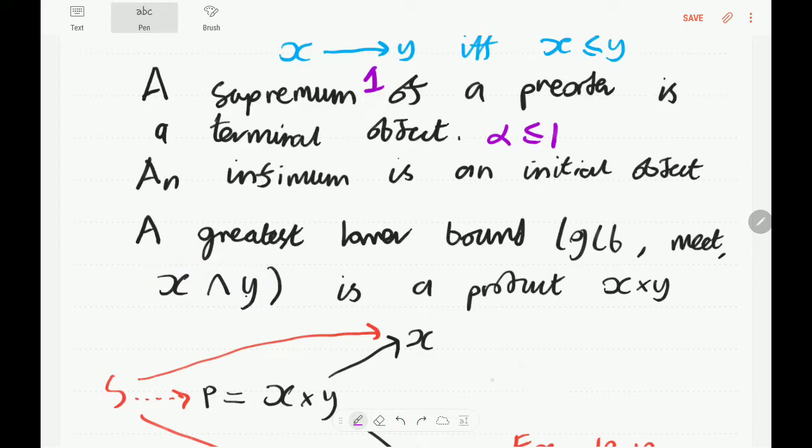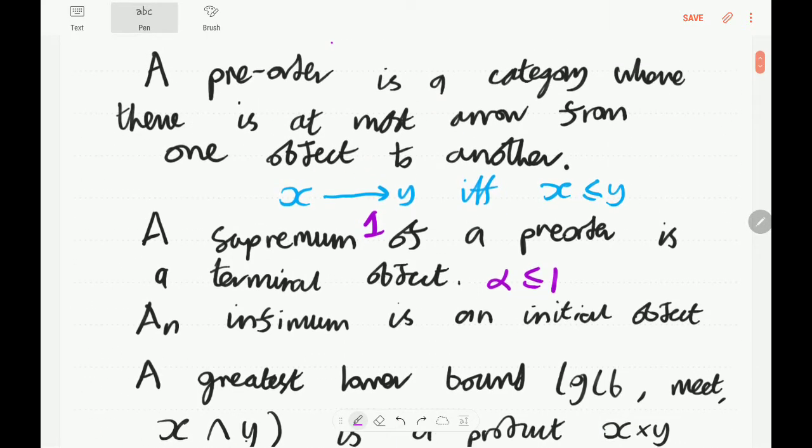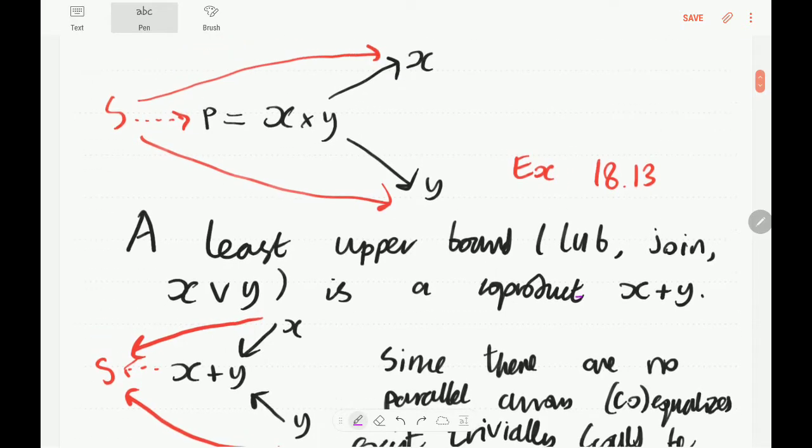Sorry, I mean the AND operation of subobjects of A corresponds exactly to the product operation in Sub A. The OR operation of subobjects of A corresponds exactly to the coproduct in Sub A.